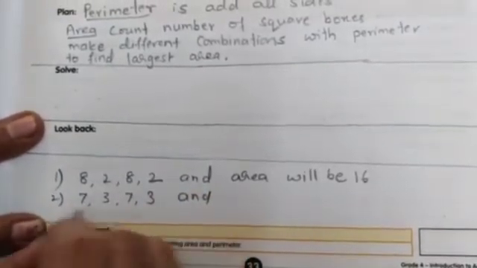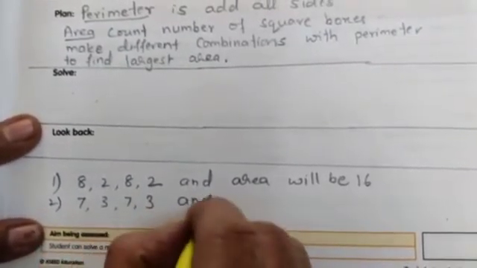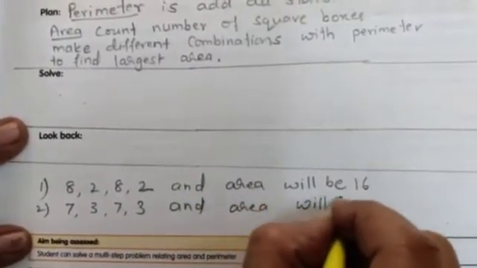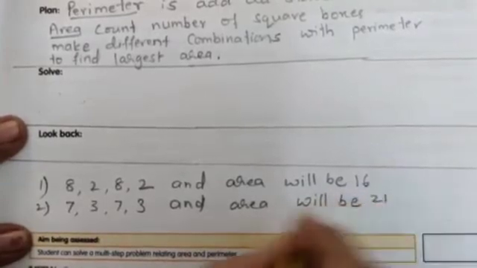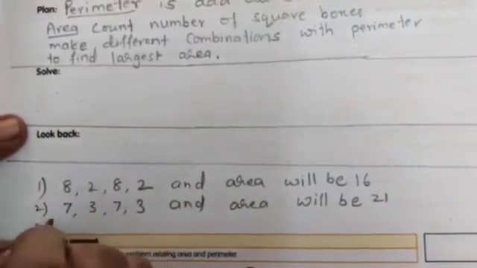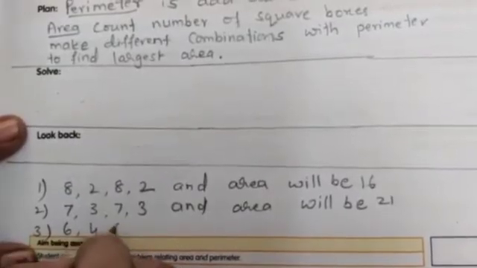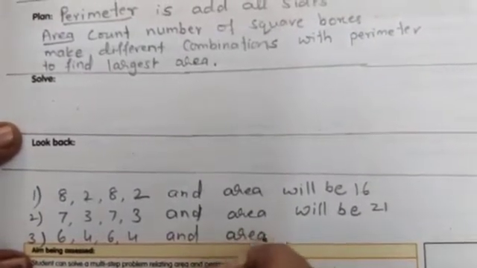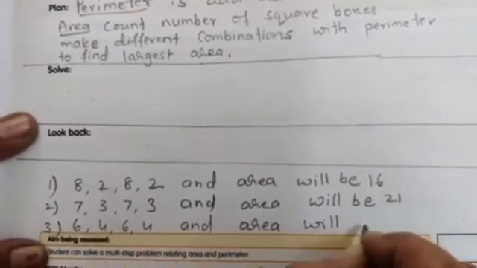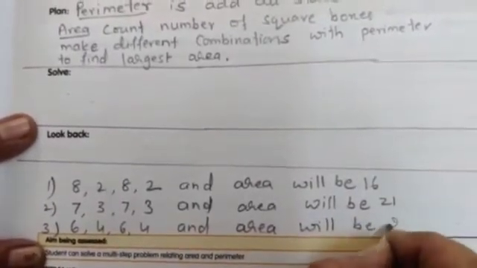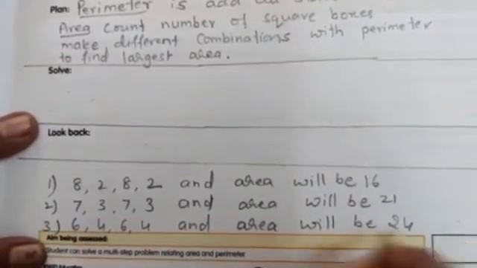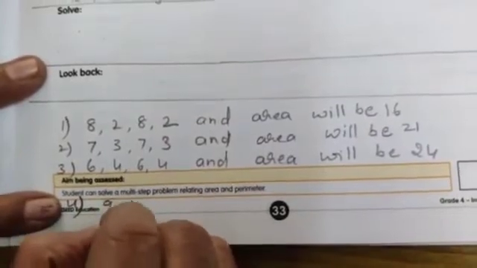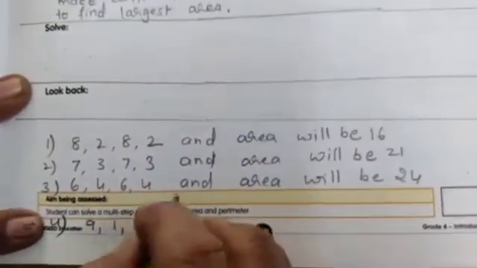Perimeter is 20 and area, what will you get children, area will be 21. Third one 6 4 6 4. If we take 6 4 6 4, this combination area will be 24.